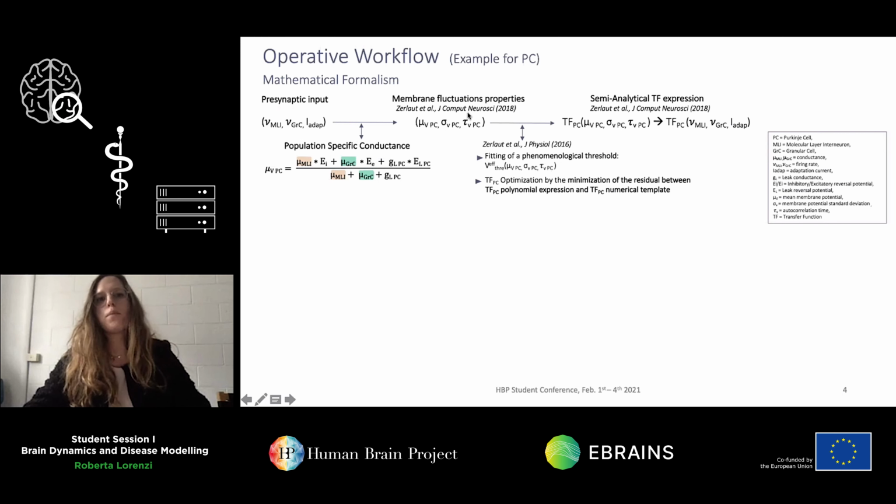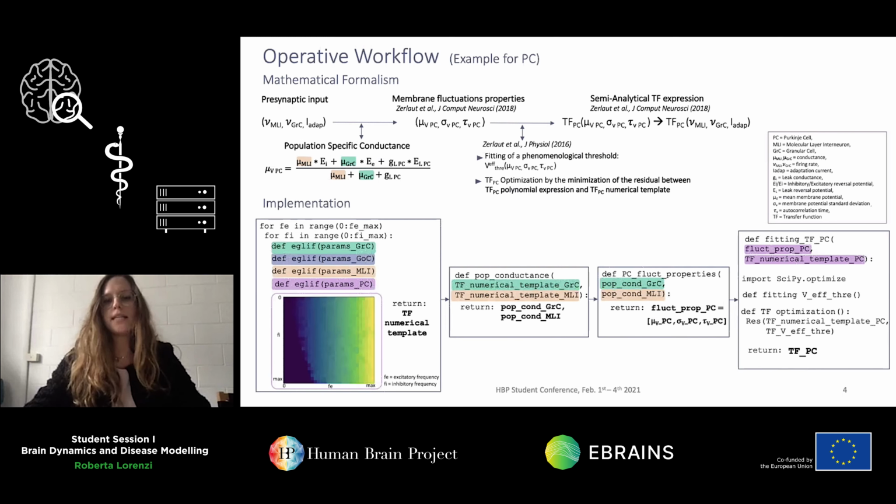Then, once we have computed the membrane fluctuation properties with a double fitting procedure, we arrive at a semi-analytical transfer function expression. Our pipeline is implemented in Python 3 in order to be more flexible and to be integrated in an already validated framework such as The Virtual Brain.